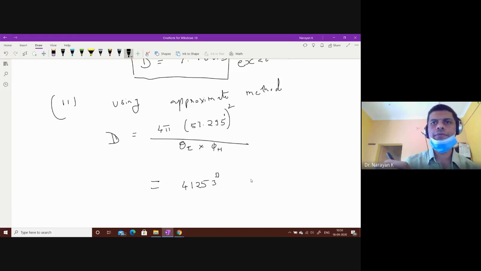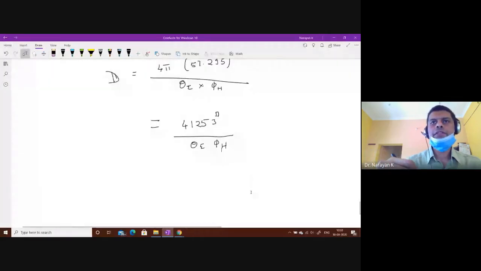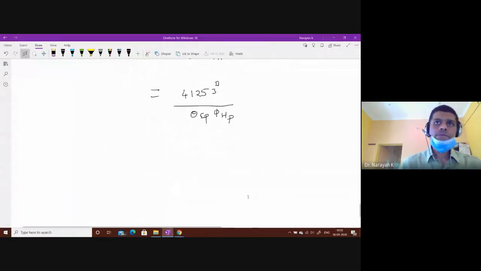It seems, as per some approximation, 41252, so you can make it 3. Later we'll debate why it is 2 or 3. You will hardly get any difference in the answer. Divided by theta E into theta H, E plane and H plane. Both are in degrees, so everything is in degrees here. This is your directivity using the approximate method.